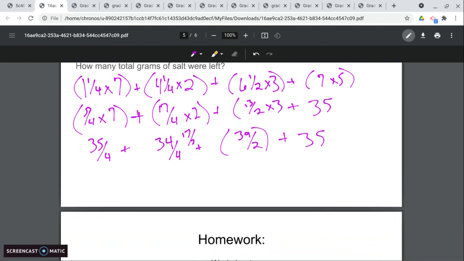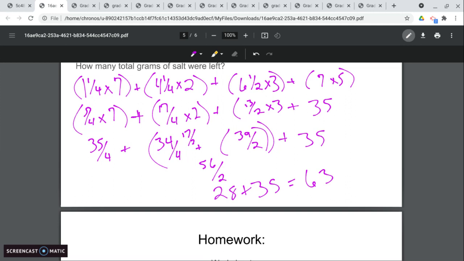So 39 plus 17 is 56. So if we add these two together, we get 56 halves, which we can simplify. 56 divided by 2 is 28. So this is 28 plus 35, which gives us 63, plus our 35/4, which 4 can go into 35.